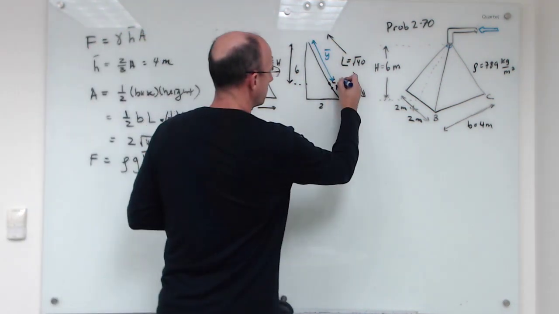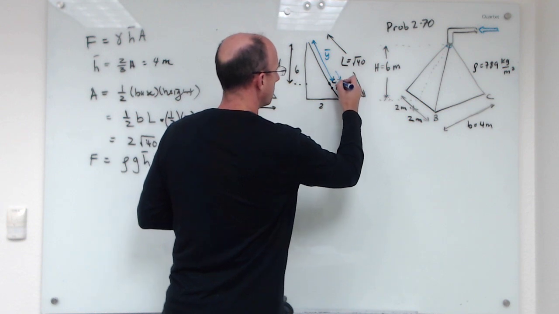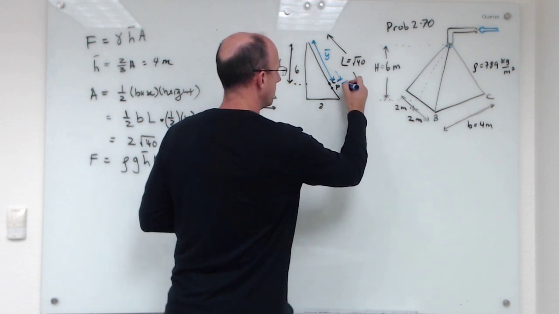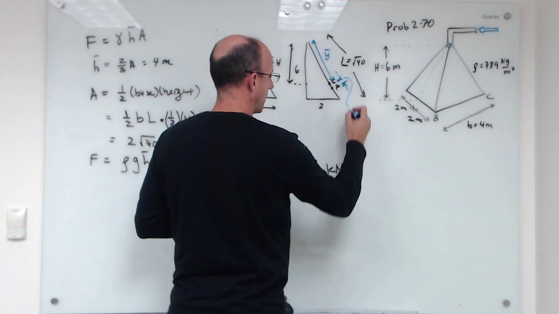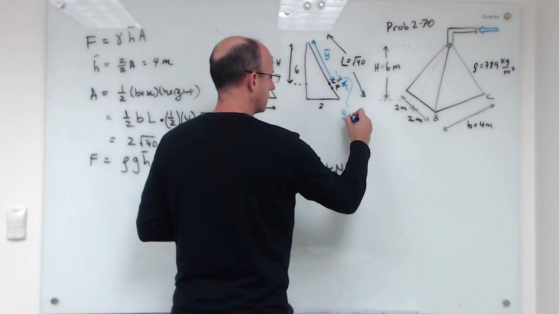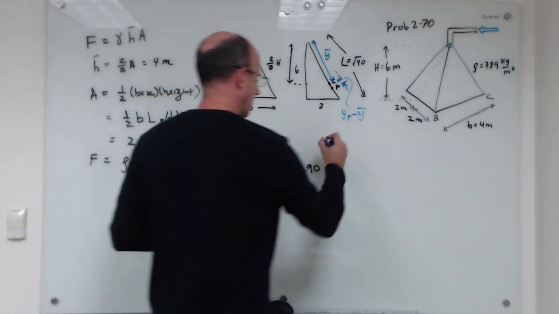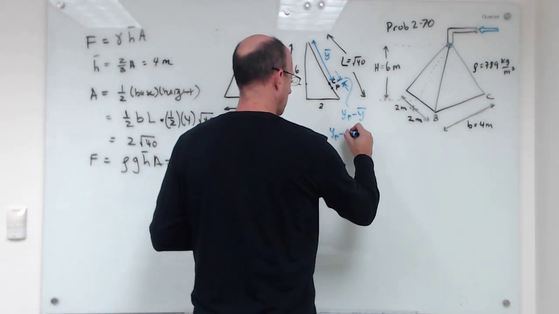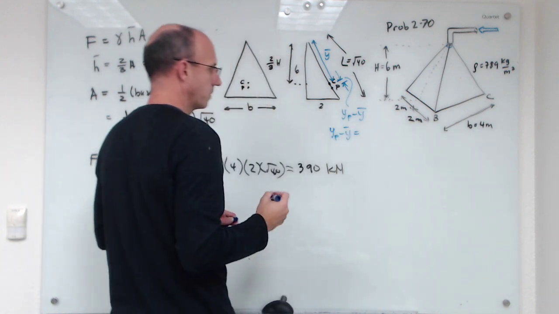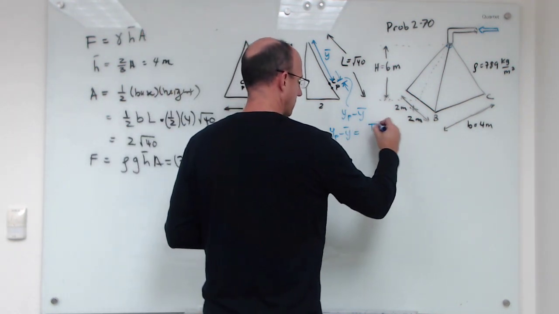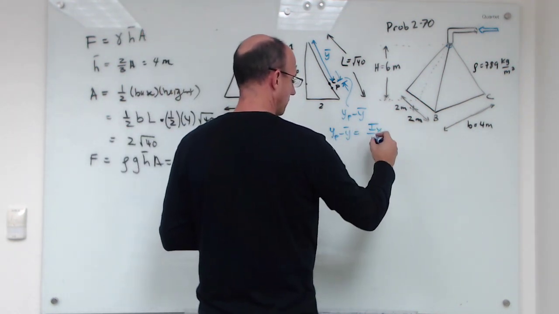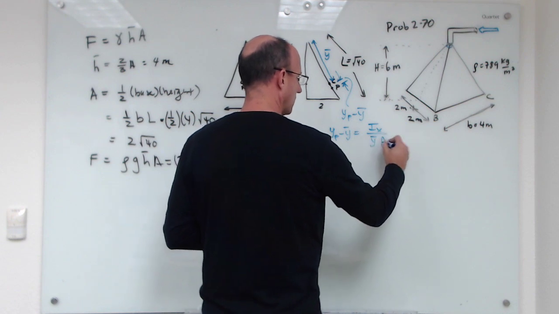And the difference between that point and that point, that little gap there, is yp minus y bar. And yp minus y bar is expressed as the moment of inertia divided by y bar A.